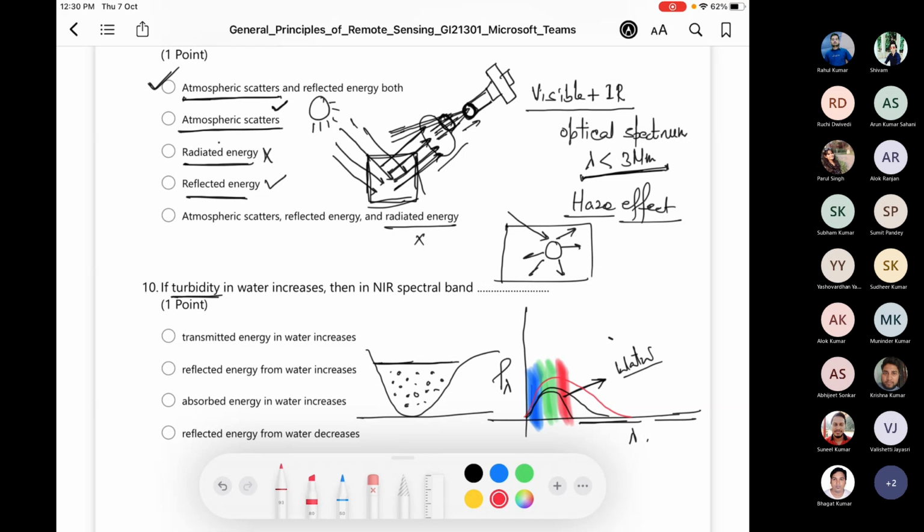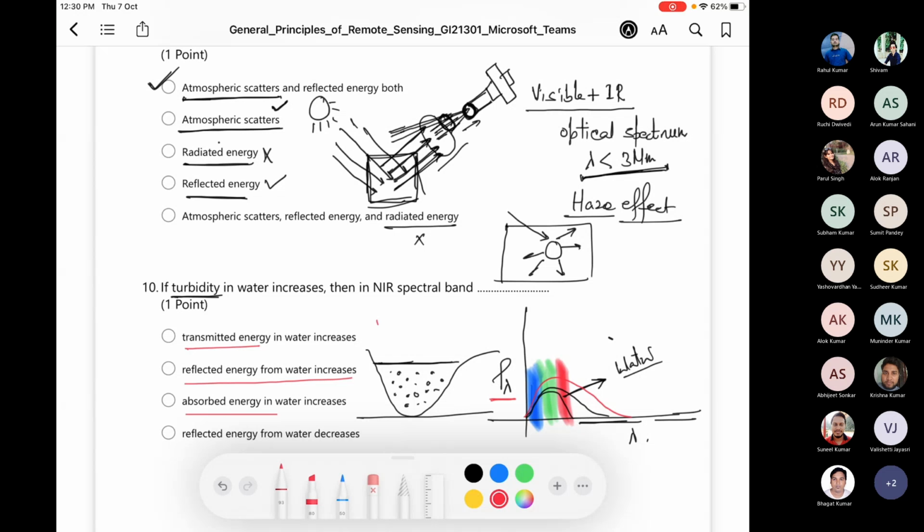So where is the change which you can notice over here? The change in the reflected energy, and the reflected energy increases at each wavelength. So reflected energy from water increases, transmitted will decrease, absorbed will decrease. If reflected will increase, why is it so? Here you need to mention the law of conservation of energy.